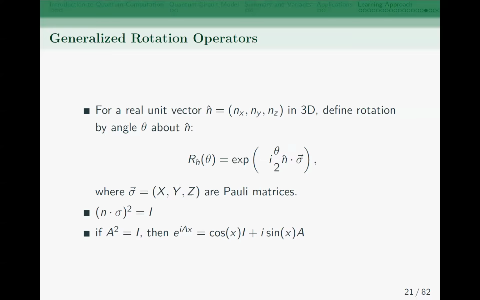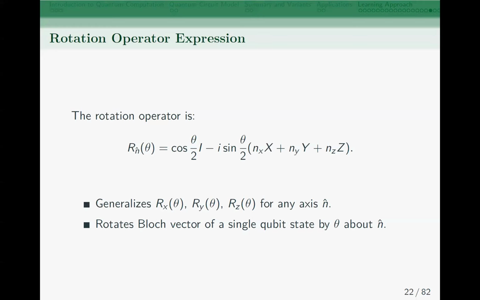The proof technique is to write down the explicit formula, just using that (n·σ) squared equals I. You expand the exponential and collect all the even and odd powers respectively, and you get the cosine and sine. So you can write down this unitary rotation matrix easily.